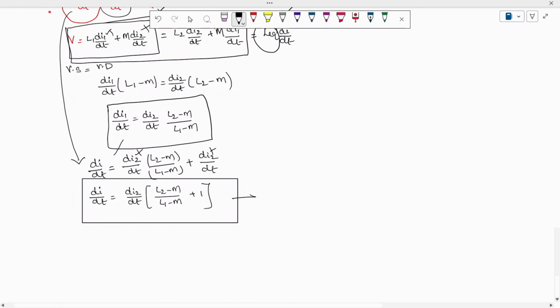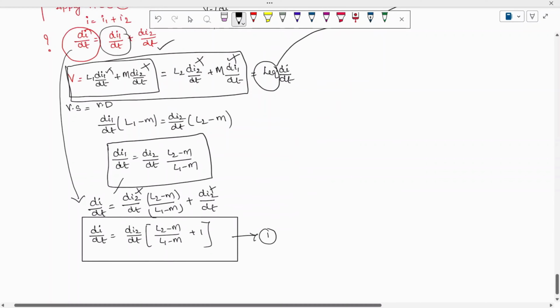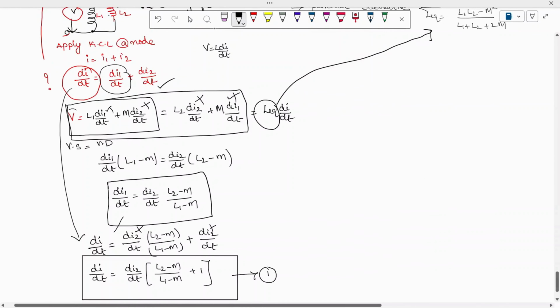Okay, let us assume this is the first equation, and we already saw that voltage V is equal to L equivalent di by dt. So V is equal to L equivalent di by dt.